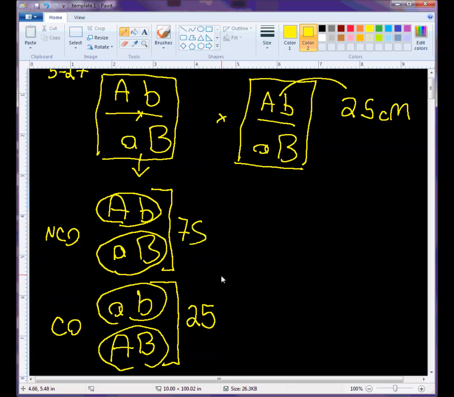It's easier to work with even numbers, so instead of 100, let's go with 200 gametes. 25% of 200 is 50, and the rest, 75% of 200, is 150.